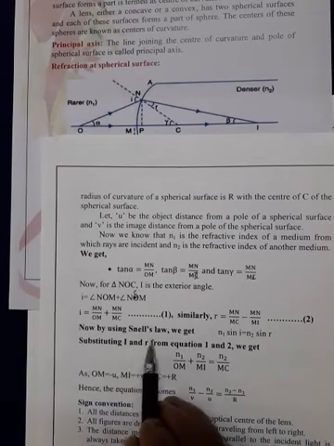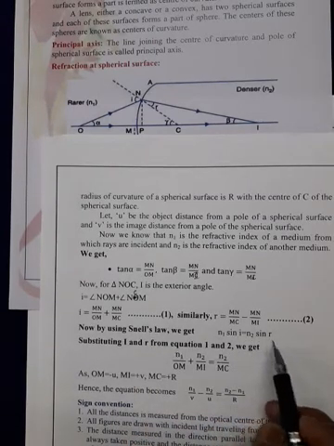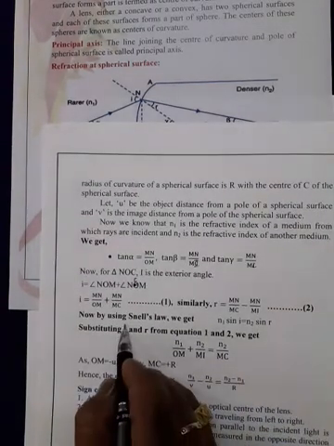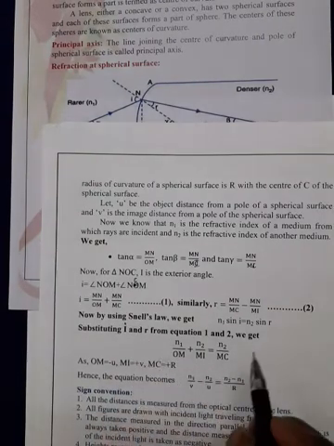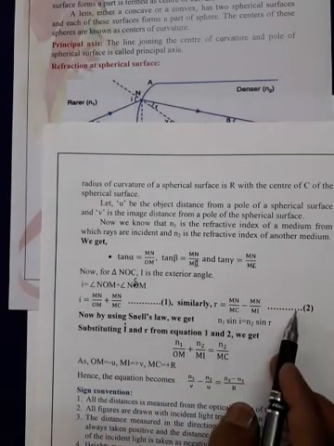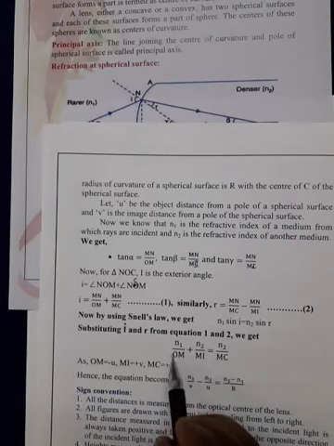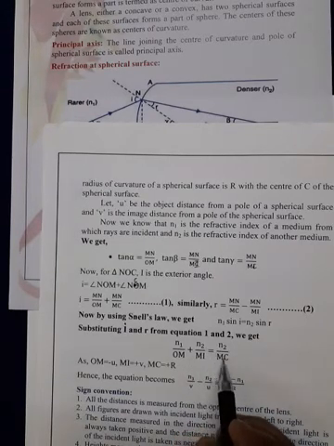Now from Snell's law, we have n1 sin i equal to n2 sin r. So substituting the values of i and r from equations 1 and 2, I get n1 by Om plus n2 by Mi equal to n2 by Mc.